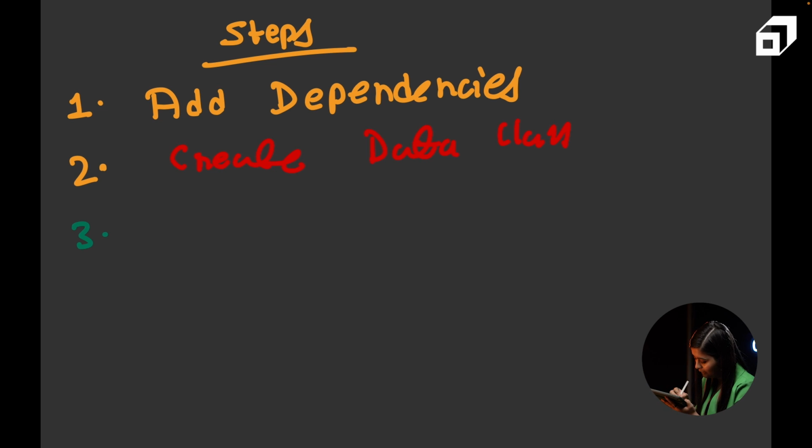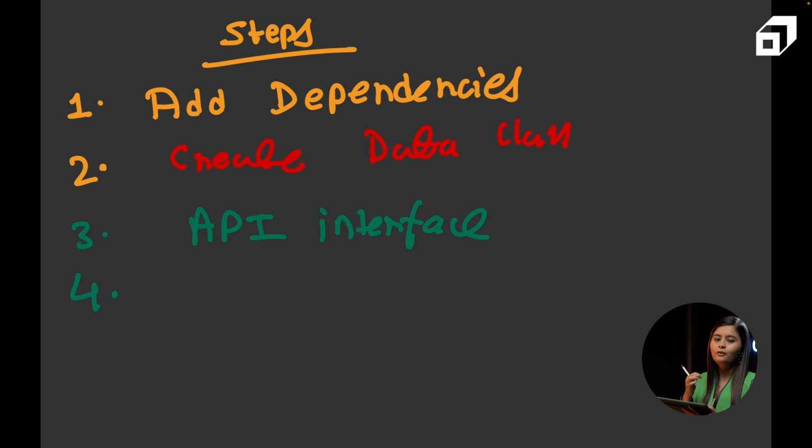And after that, we will create an API interface. And the fourth step will be, we will fetch all the data in our main activity.